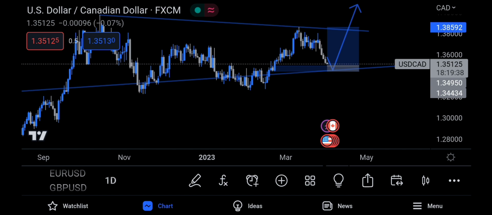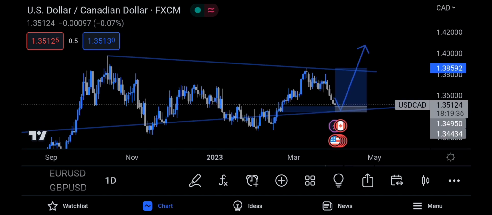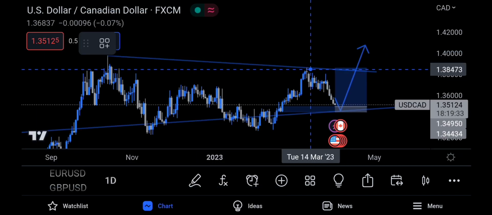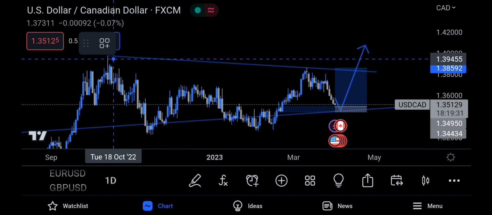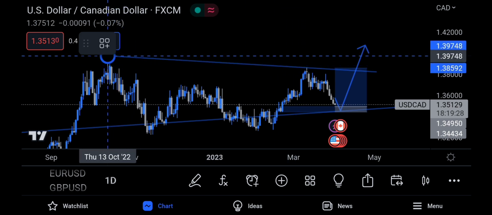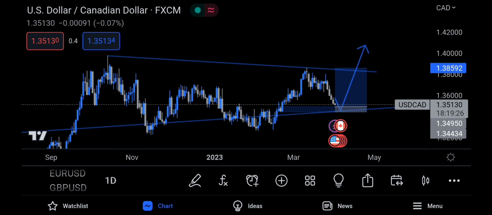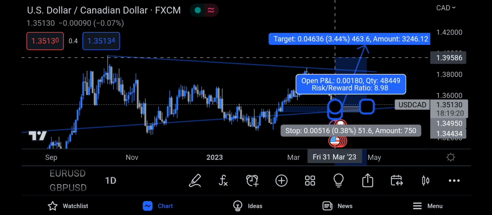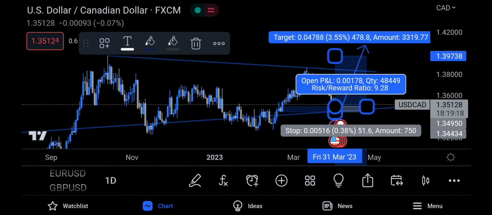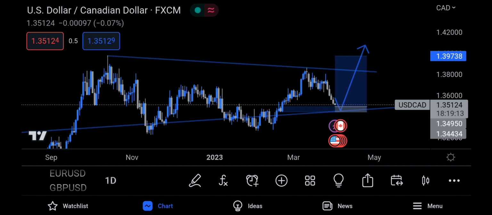Then we'll be targeting first these highs here, and subsequently these highs as well, which is about 400 to 500 pips. So that is what we should be expecting in USD CAD.